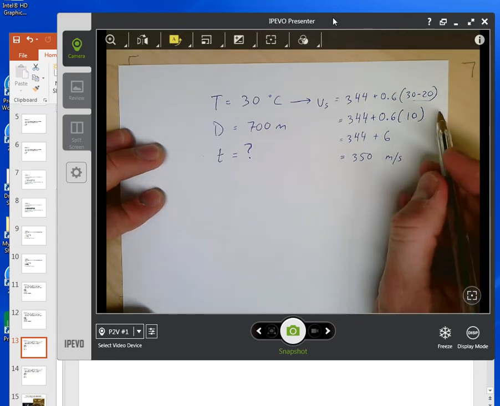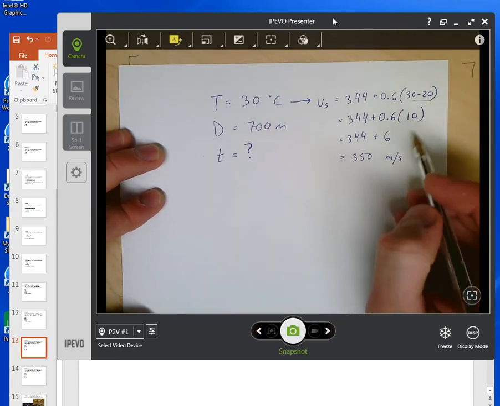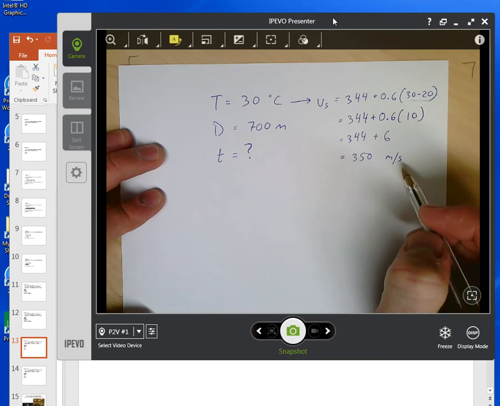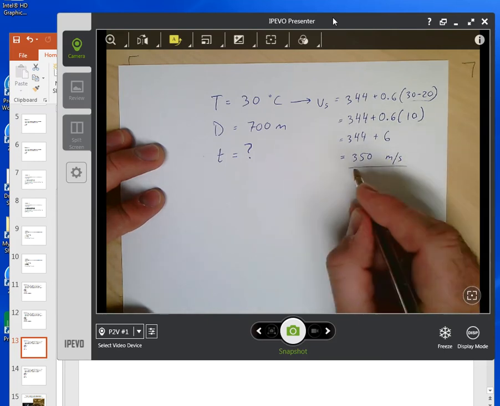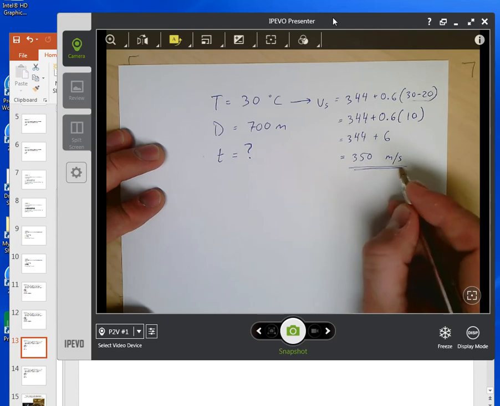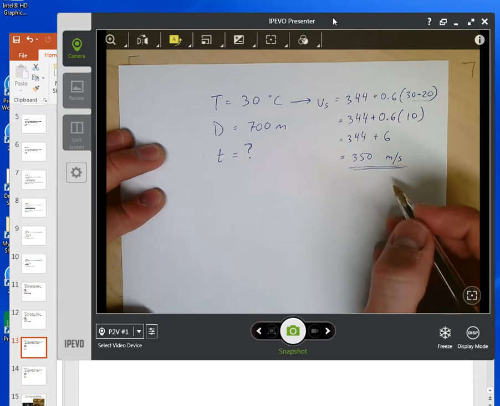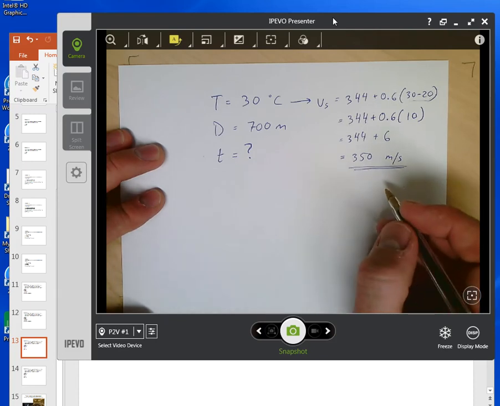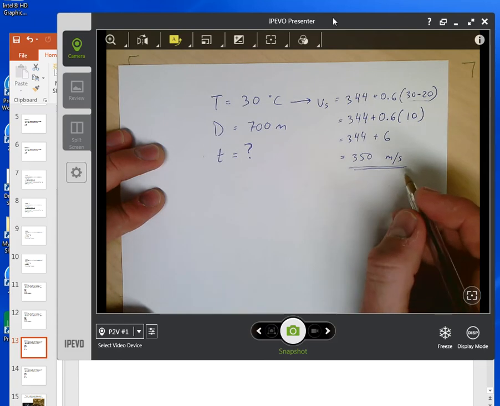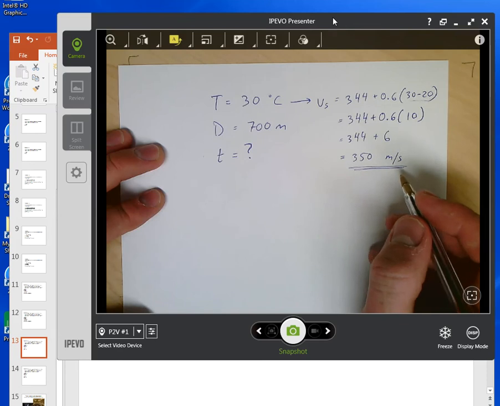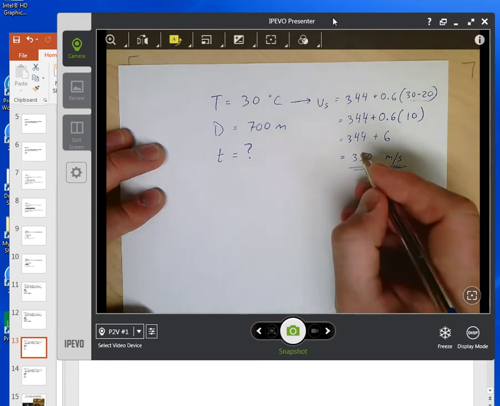You notice that I was a little bit sloppy in that I don't carry that meters per second every step of the way. And I'm okay with that as long as you know what the units are. However, I want to strongly recommend that at the end of any problem that you solve, you always write down the units for yourself, because you might just be surprised. For example, you might be working with centimeters per second and then assuming that it's meters per second and then realizing, oh no, it was actually centimeters per second.